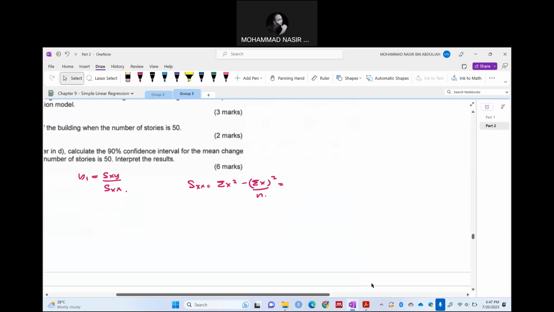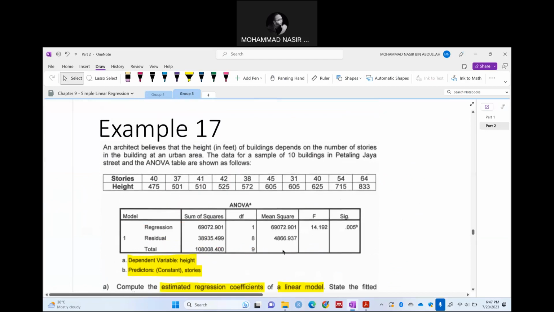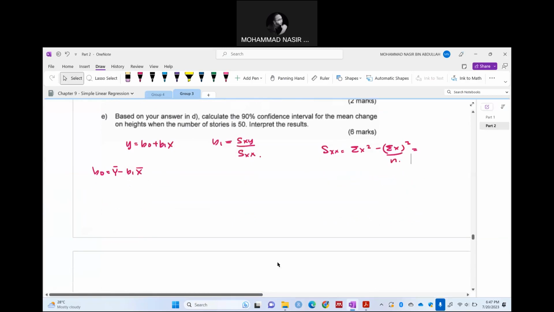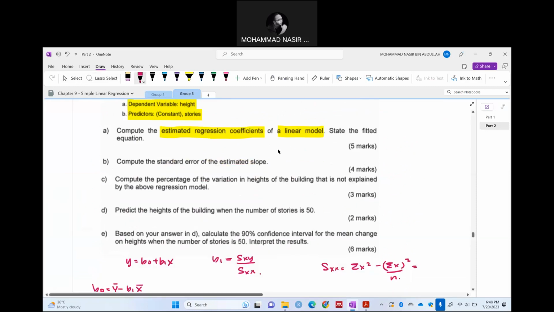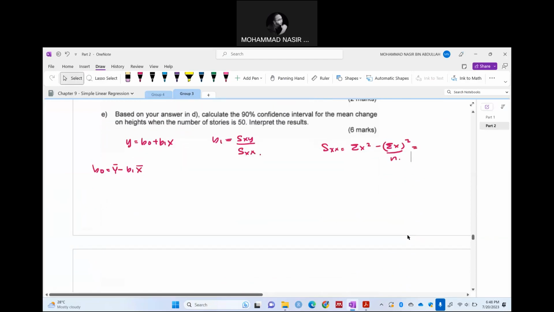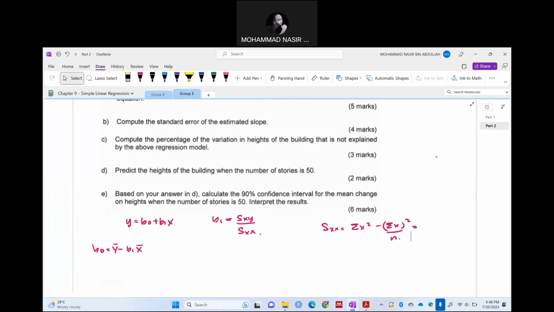Dia bagi value belum? We don't have the square value, right? So from this, we know that this is Syy, right? From ANOVA table, sum of square total is equal to Syy. So we need to calculate Sxx. So input into your calculator.